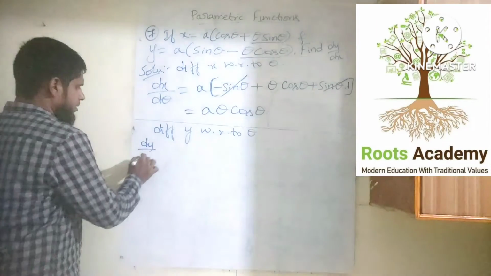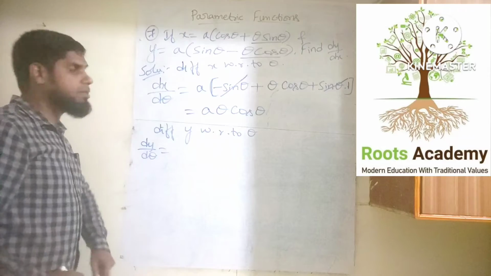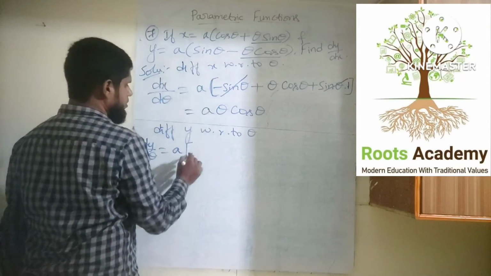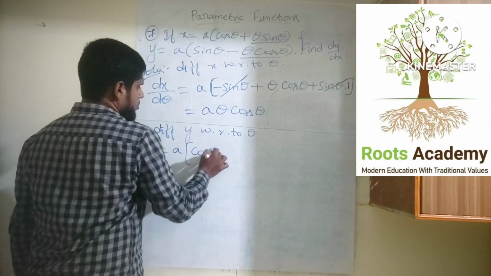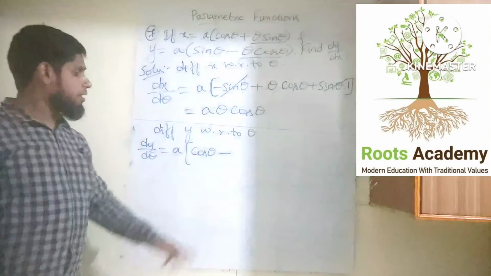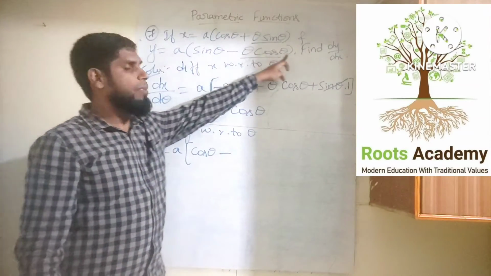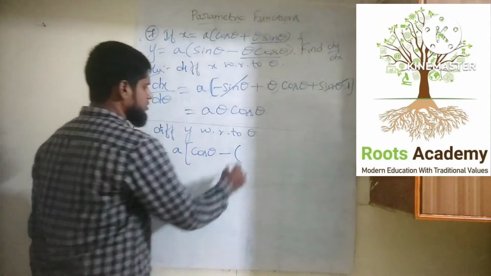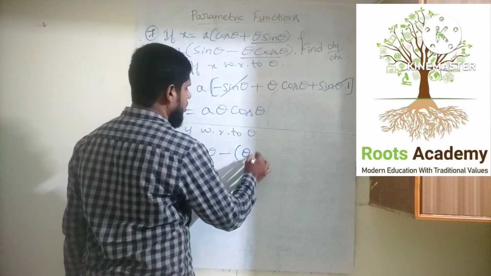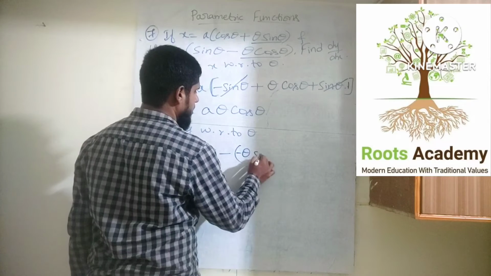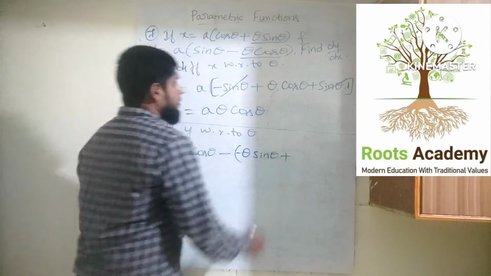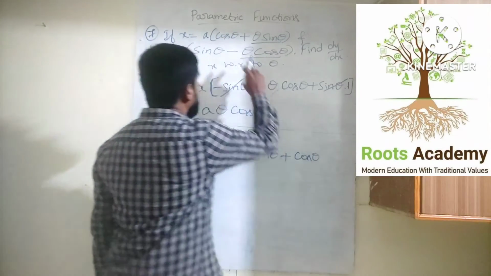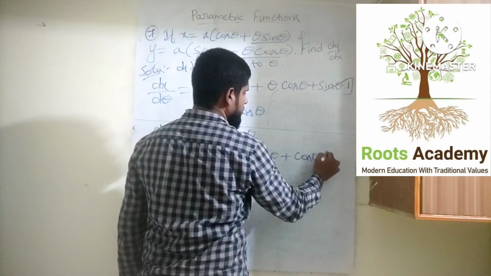So dy by d theta is equal to a into derivative of sin, which is cos theta, minus, here minus is for this complete product rule. So we put a bracket: minus first function as it is, derivative of cos is minus sin theta, plus cos theta as it is, derivative of theta is 1.